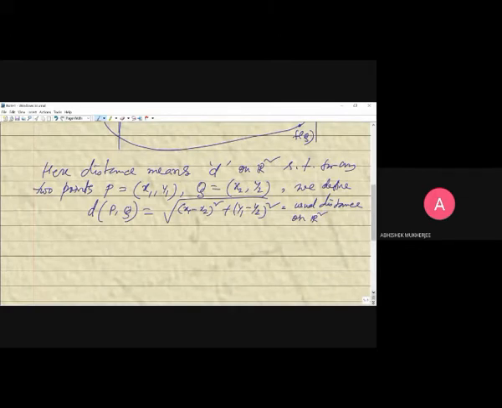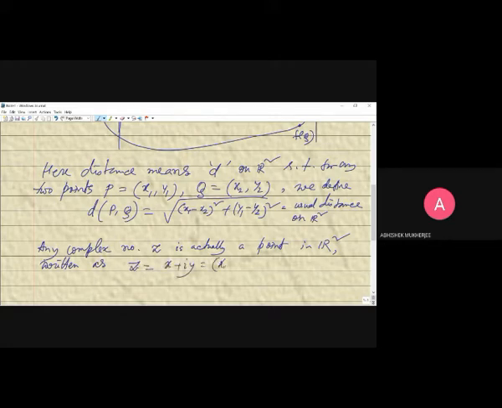Now if you think of R2 as the complex plane, we have seen that any complex number z is actually a point in R2, written as z equals x plus iy, and the point is this, xy.